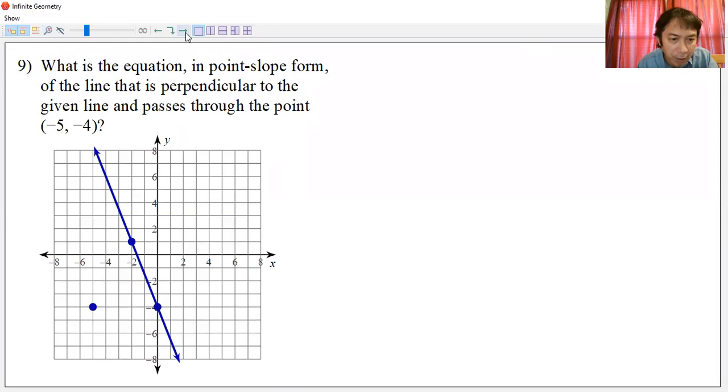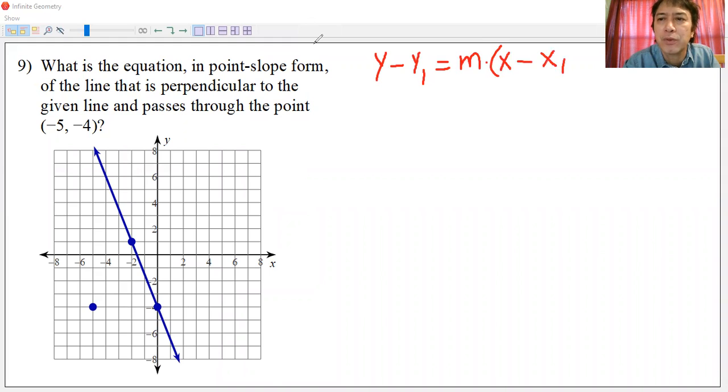Here's number 9. Let's read the problem. What is the equation in point slope form? How does a point slope form look like? The point slope form looks like this: y minus y1 equals m times x minus x1.